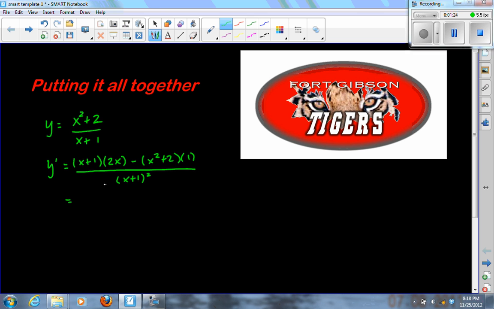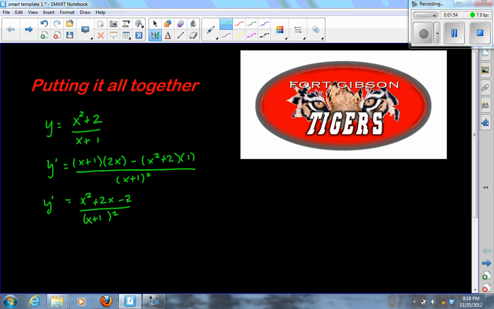This cleans up to, so you distribute this out and subtract these, so that would be x squared plus 2x minus 2 over x plus 1 squared. Okay, that's what my first derivative is, and that's the most simplified form.